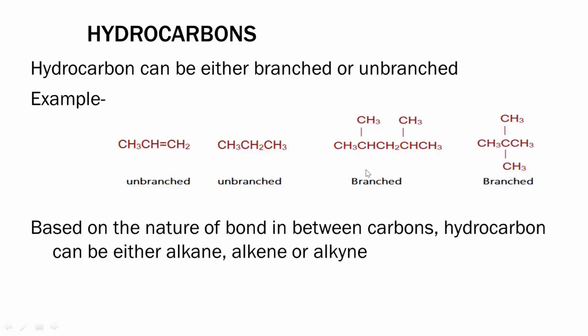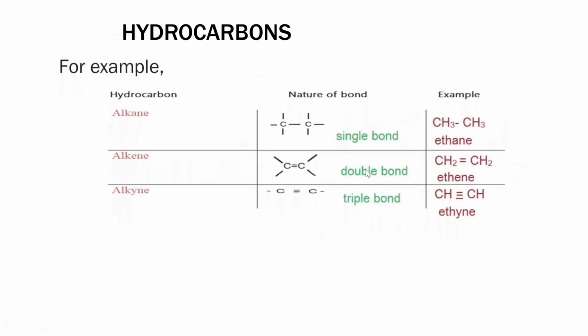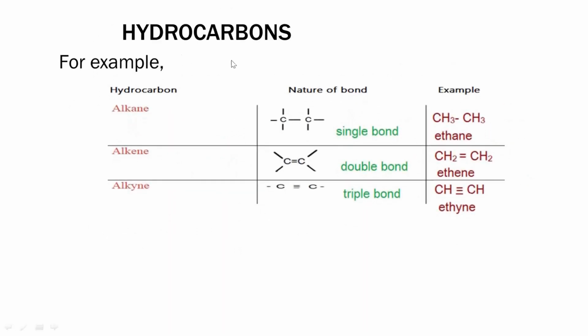Based on the nature of the bond between the carbons, hydrocarbons can be classified as alkane, alkene, or alkyne. For example, here we have a single bond between the carbons, so we call this kind of hydrocarbon an alkane.